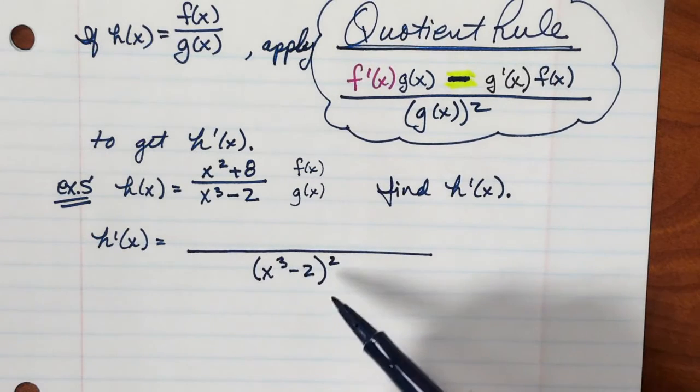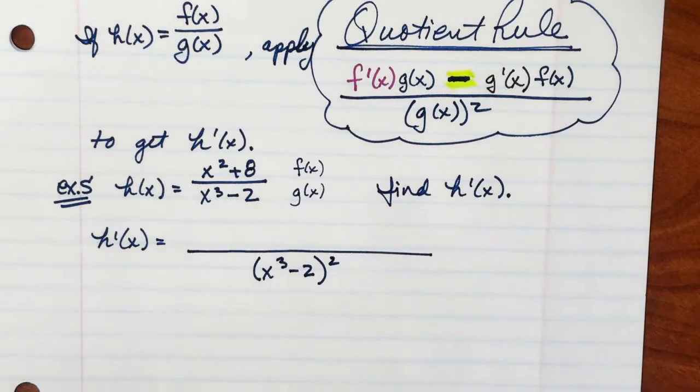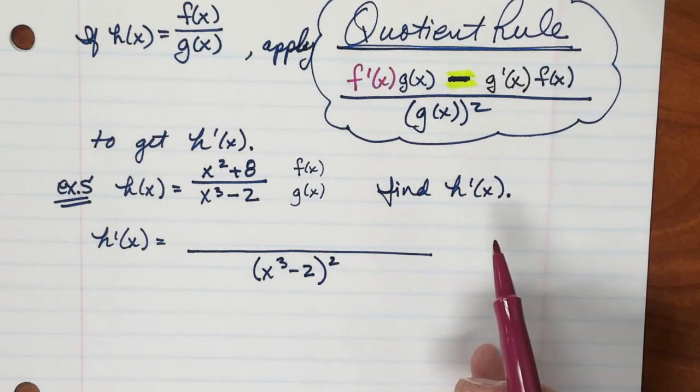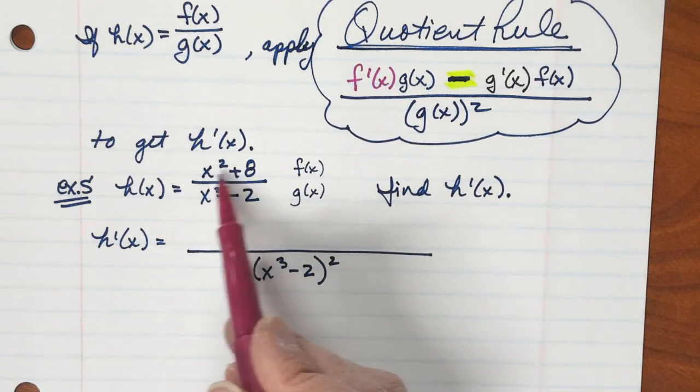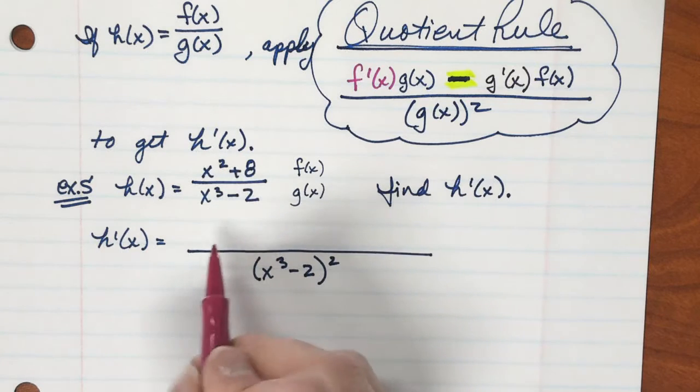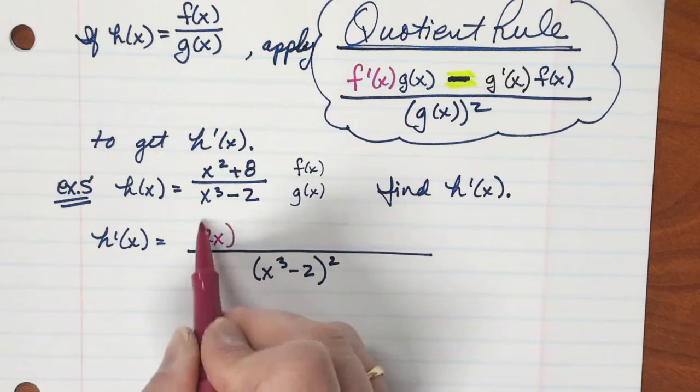And very often you leave that. You're not going to FOIL multiply that out and combine terms. The majority of the problems I saw just left that alone. There's no need unless there's a nice way to simplify it. But for the most part, you're just going to leave the denominator alone. All right, let's go back to the numerator. The first term is the derivative of function f. So the derivative of the numerator here is simply 2x.